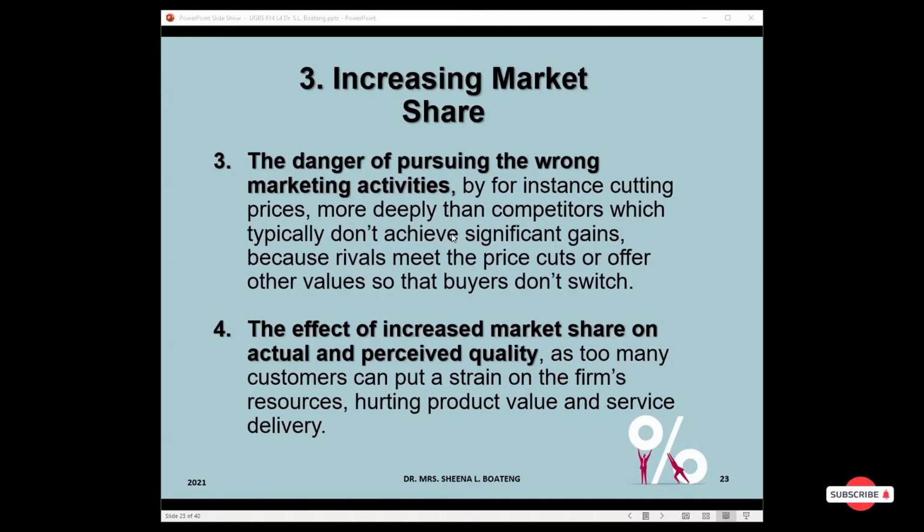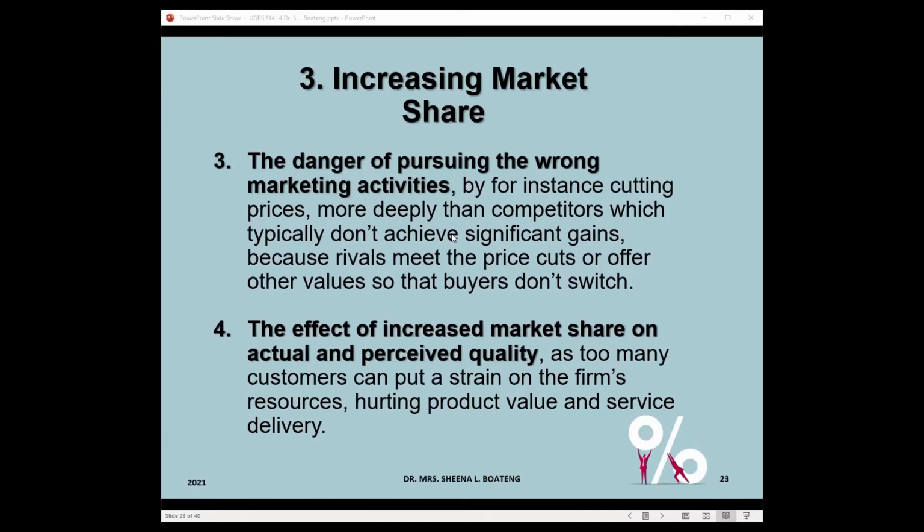Now, by cutting prices more deeply than the competitors, they run the risk of not being able to achieve significant gains as a result of the price cutting, because their competition may be able to rival these price cuts by meeting them at the same point and equally cutting prices, or offering some form of additional value, which the market leader may not necessarily be able to offer to the customers at this point.